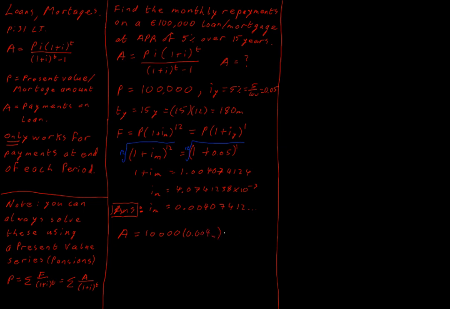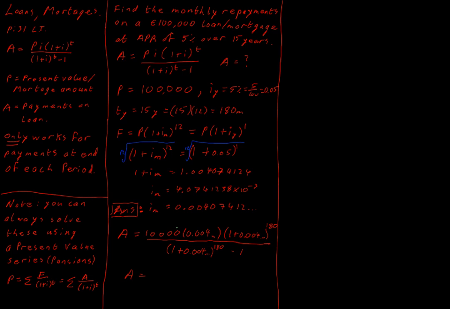In fact, it can sometimes be better. 1 plus 0.004 ... Remember, the ... means I'm keeping this answer in my calculator. The power of 180 months, all divided by 1 plus 0.004 ... the power of 180 minus 1.